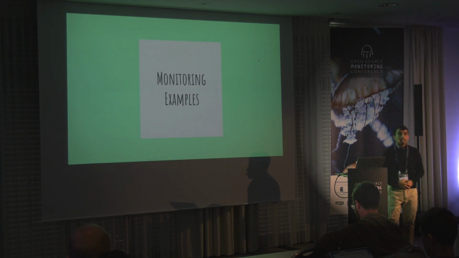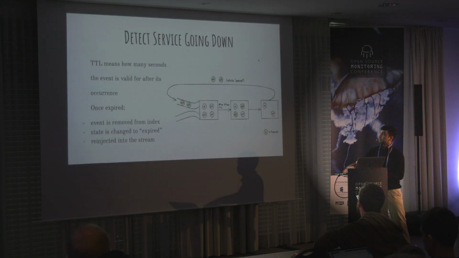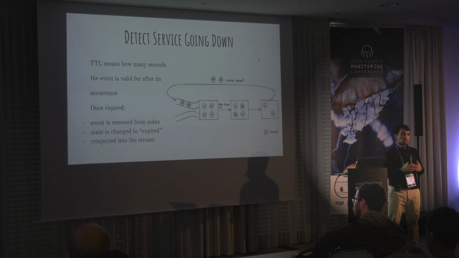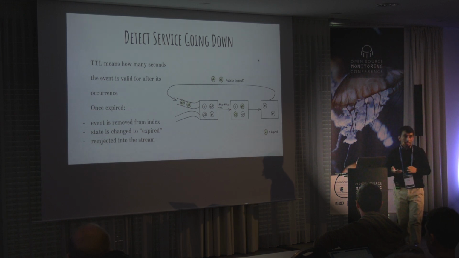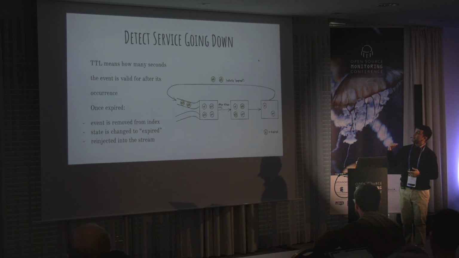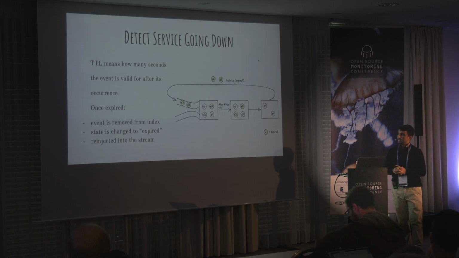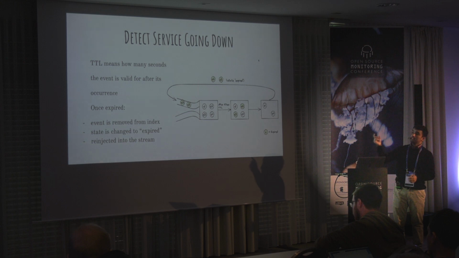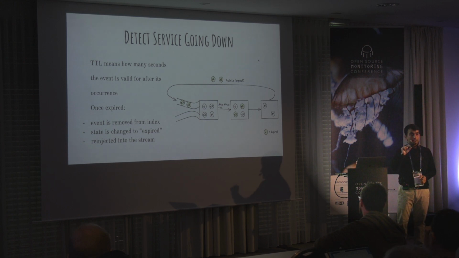Now let's look at how you can do the usual monitoring, which you need to do in your day-to-day life, with Riemann. Let's say you need to know when a service has gone down. In Prometheus, as you know, you generally have an up metric whose value is 0 or 1. But Riemann does things a bit differently. In Riemann, as you noticed before, there is a TTL value associated with each event.